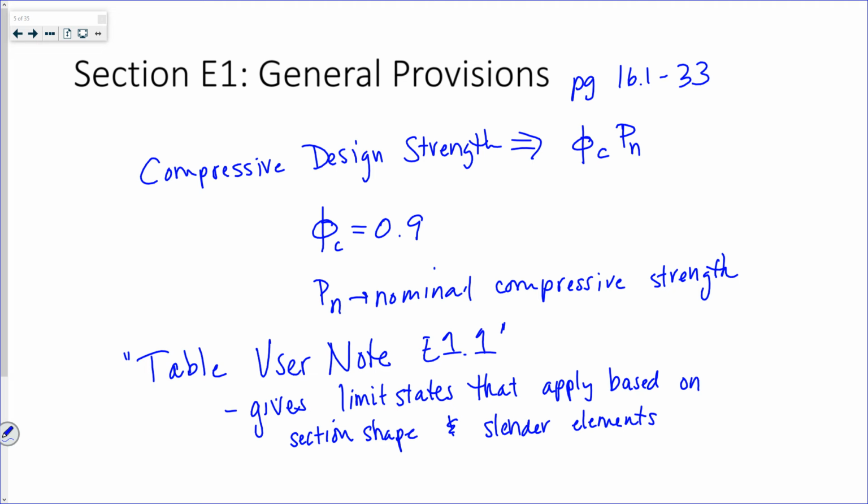So we have our 4 limit states that we talked about that can happen in compression: flexural buckling, torsional buckling, flexural torsional buckling, and local buckling.